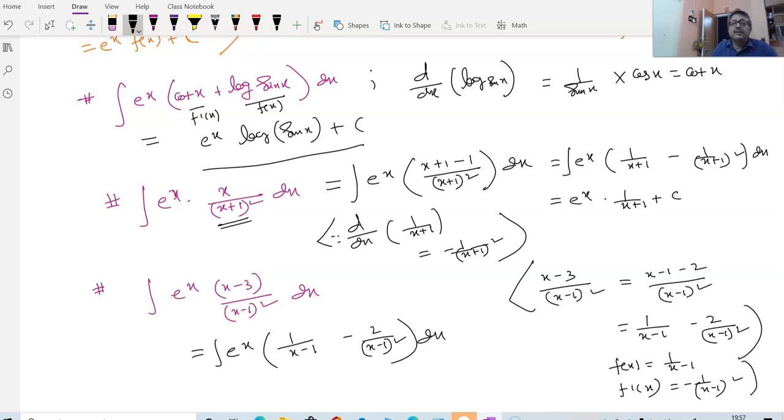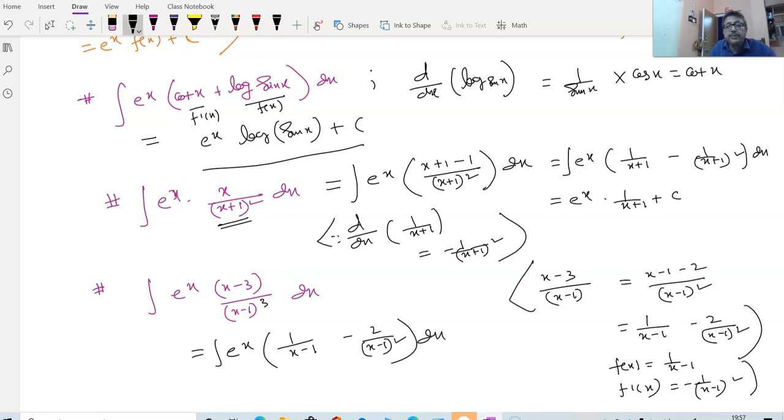Probably the author has made some mistake. The sum here should be cube, then it works nicely. Then it will be (x minus 3) by (x minus 1) whole cube.